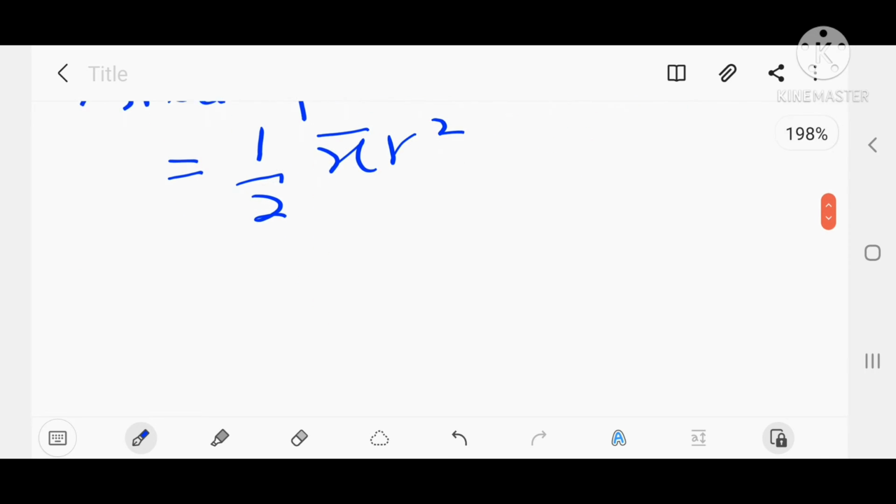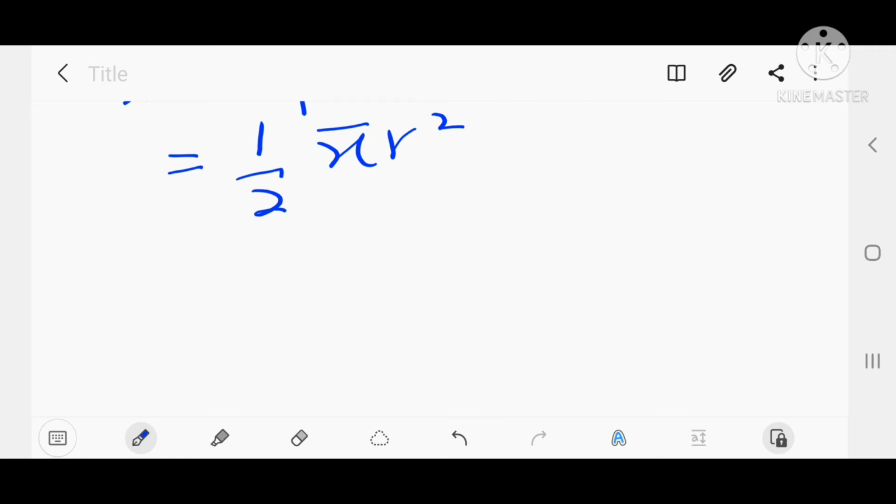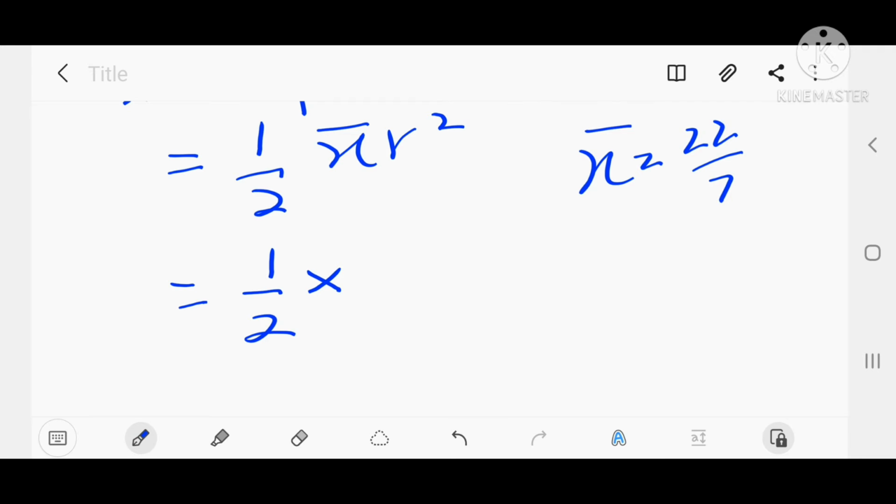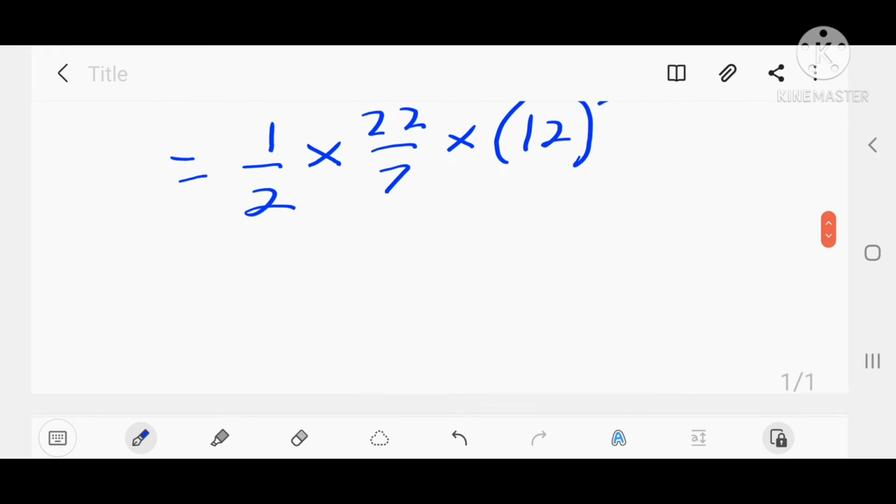So we have half of pi, which we have been told to take as 22 on 7, times the radius, which is 12, squared.